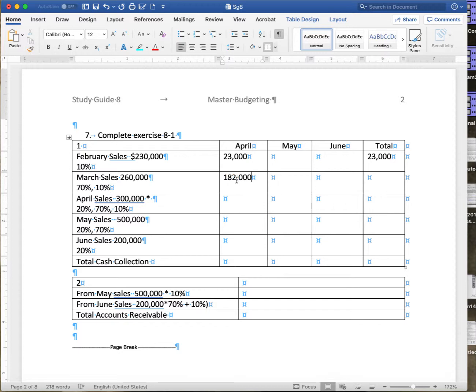Now let's keep going with March's sales. In March, I collected 20% of 260,000. In the month of April, I collected 70% of March's sales. In May, I'm going to collect 10% of March's sales. So 10% of 260,000 is $26,000. And that means from March's sales, I've collected $208,000 in the second quarter.